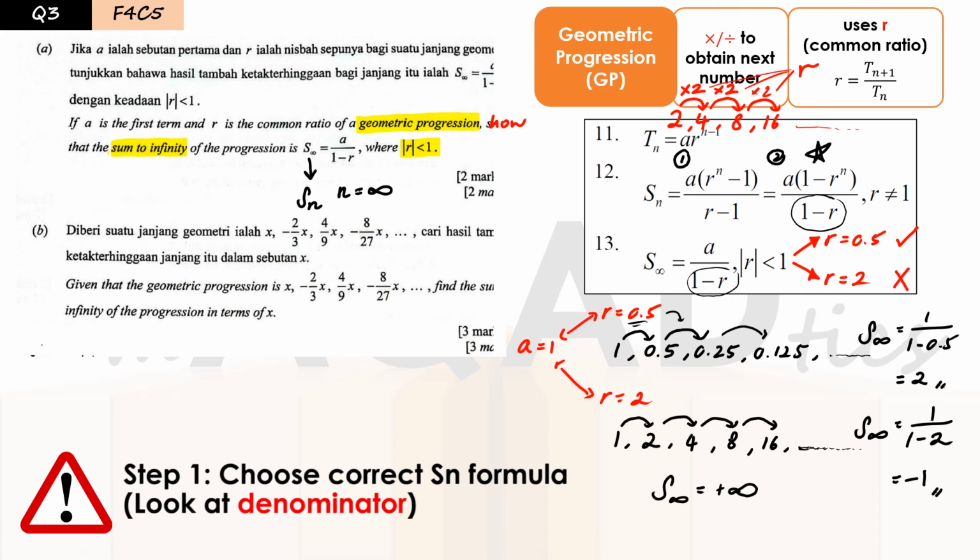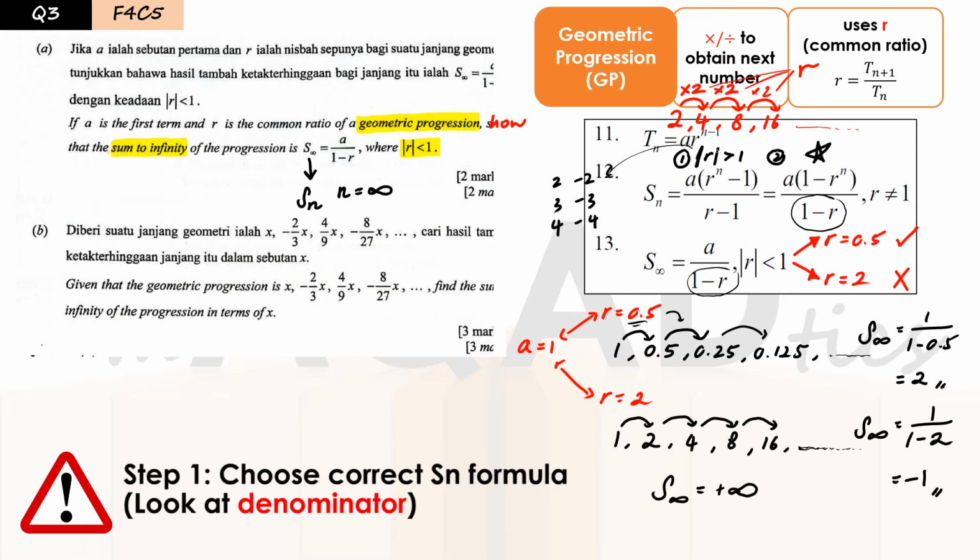Right, but if you want to understand the reason why, there's a condition for when we should use formula 1 or 2. For formula 1, it is when modulus r is greater than 1. Examples of modulus r greater than 1 would be 2, 3, or 4, or the r value can be negative, so negative 2, negative 3, negative 4, right?